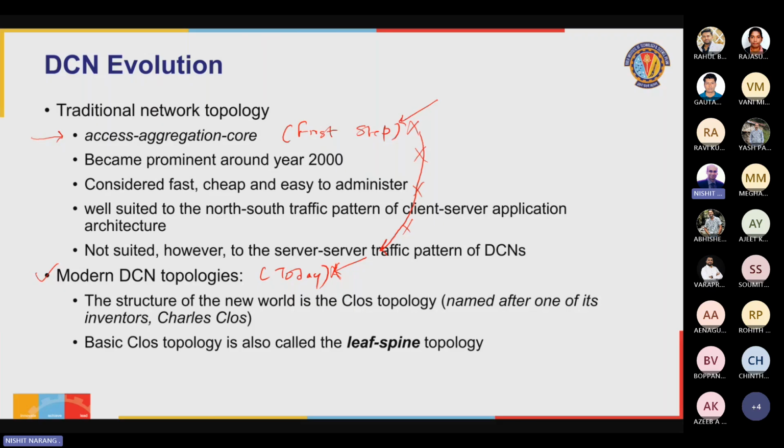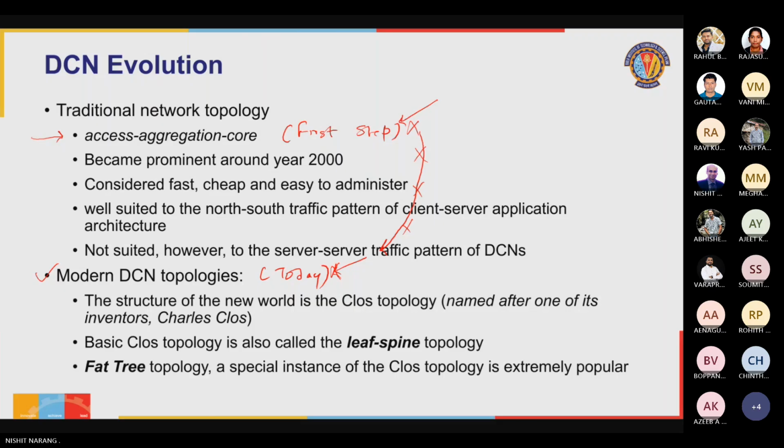We'll see how they've picked up the leaf-spine topology, which itself is a basic Clos topology, and evolved it to more complex data center network topologies using leaf-spine as a building block. But there are other variants of the Clos topology as well.